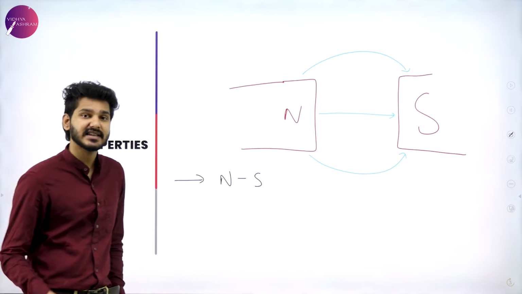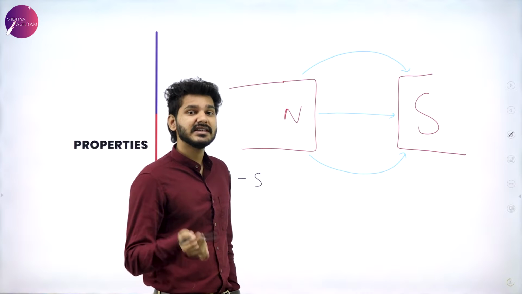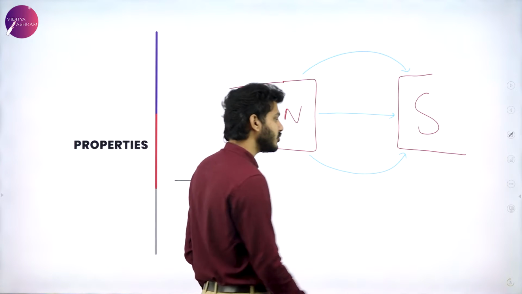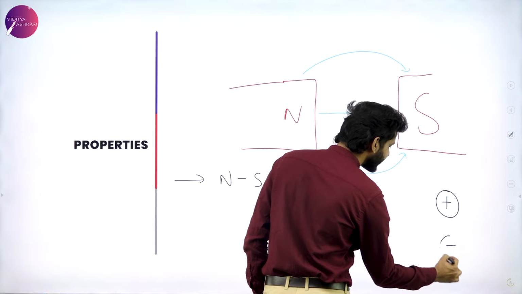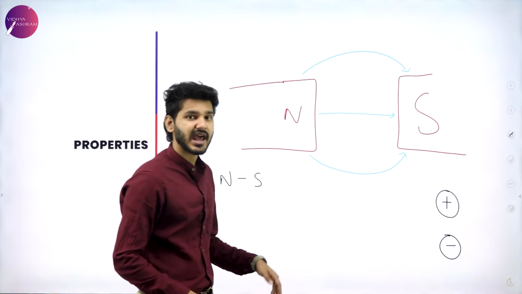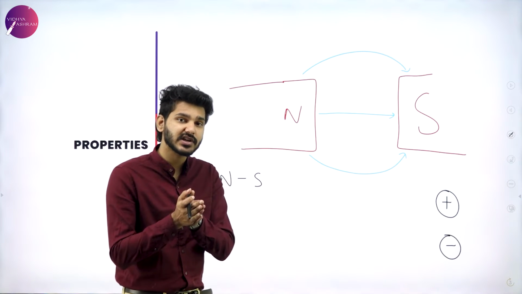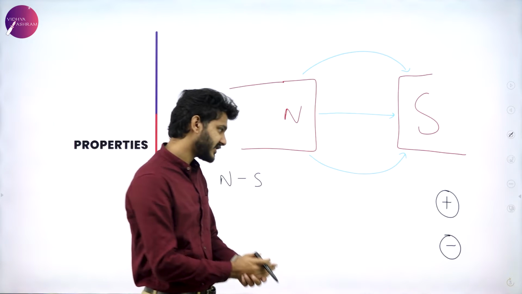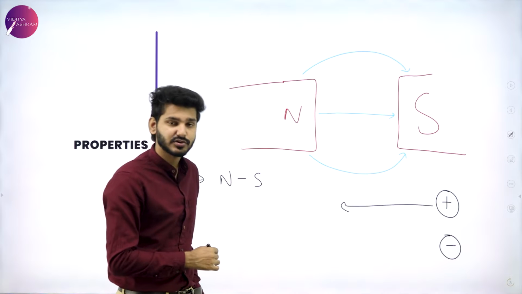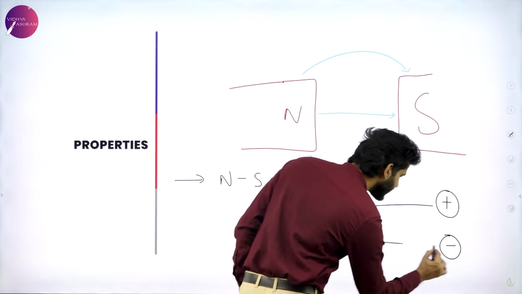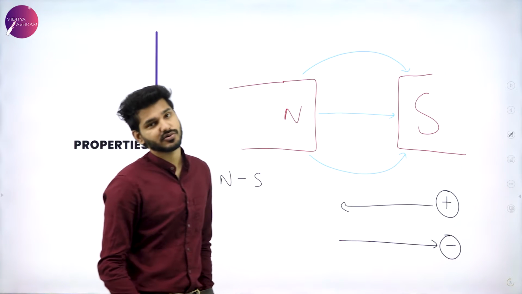Why I said this is because if you remember the electric field, then we know that we can have a standalone positive or negative charge. That is, we can have either positive or negative charge in a given space, which means that the field lines will emanate out of that particular source charge, or the field lines will come towards the particular source charge.